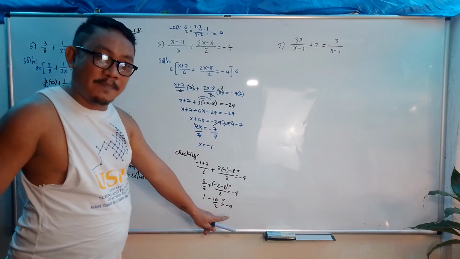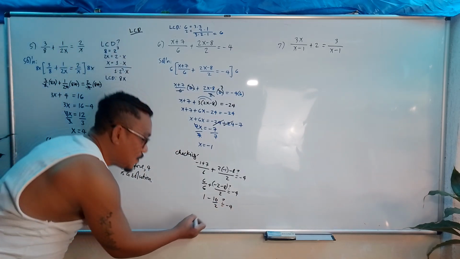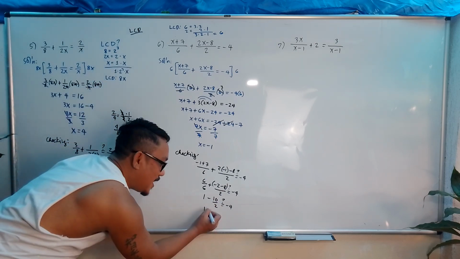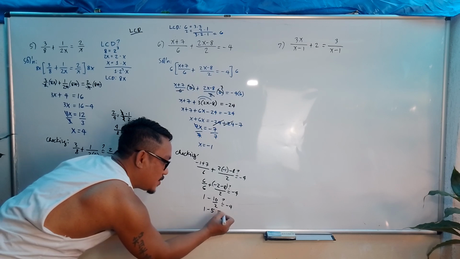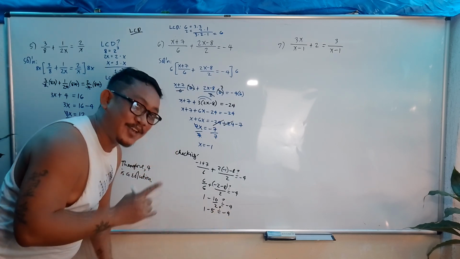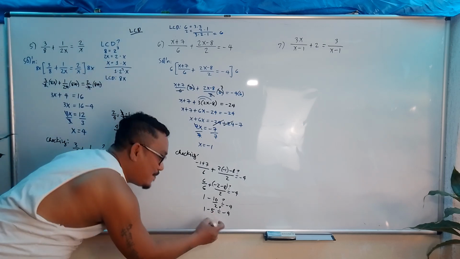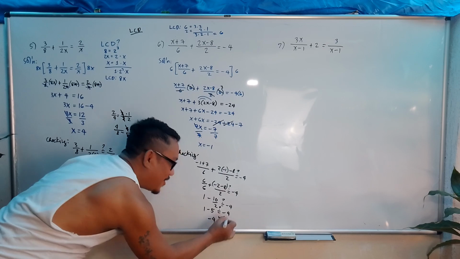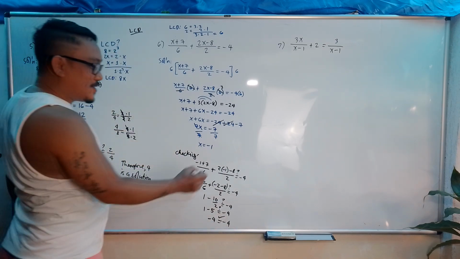So, is it equal? Let's see. So, 1. What is negative 10 divided by 2? That is negative 5 is equal to negative 4. Is it equal? It looks clear that it is equal, no? 1 minus 5 is negative 4. So, it is equal to negative 4. That's correct.